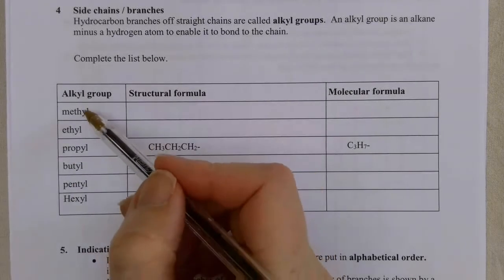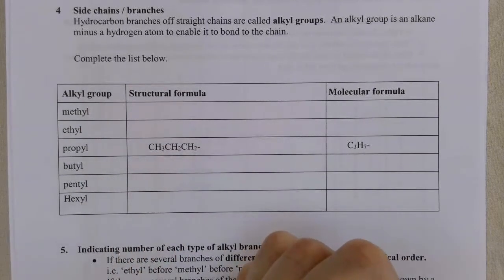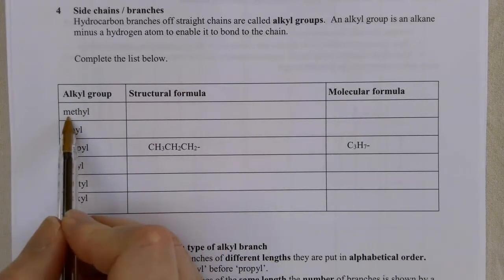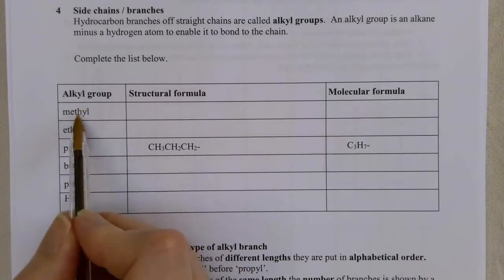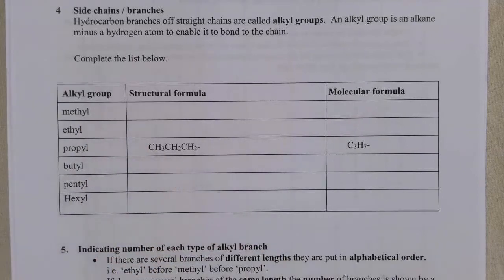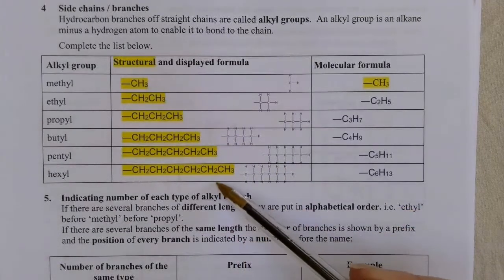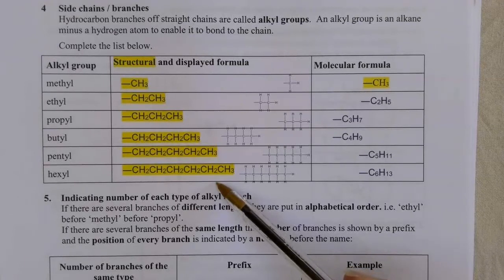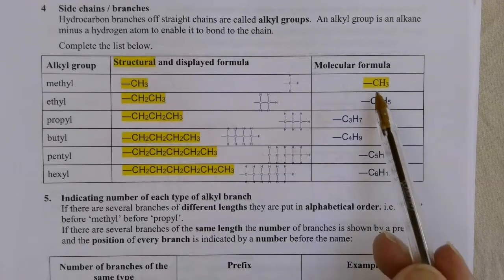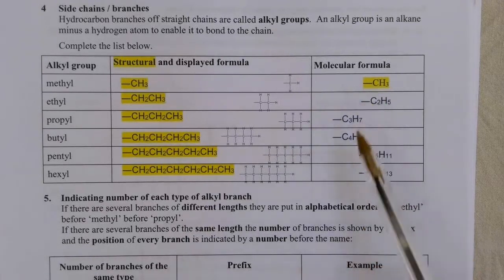And again, the name refers to the number of carbons in the branch. So meth tells me there is one carbon, yl on the end tells me it's an alkyl group, it's a branch onto the main chain. So we have everything up to hexyl. And the molecular formula, same idea, we've got the formula, we've got a line representing where it is bonded on to the main carbon chain.